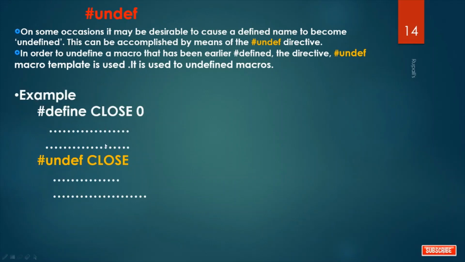So in our total program, when CLOSE appears, it is replaced by 0. But when we write #undef CLOSE, then after this line, when CLOSE appears, it is not replaced by the value 0. In this way, the #undef directive works.